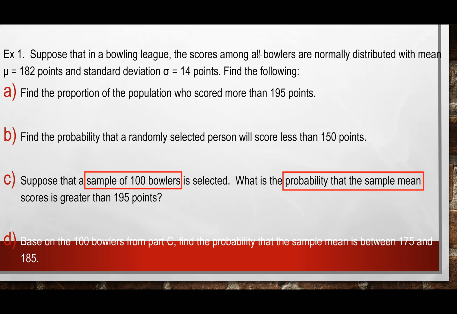Okay, so before we do that, let's take a look at A. In A, we are dealing with the population, and if we deal with the population, whatever they give us, which is the mean and the standard deviation, that is what we're going to use. So they ask us for the proportion of the population more than 195. As always, we want to sketch our standard normal curve, our normal bell-shaped curve.